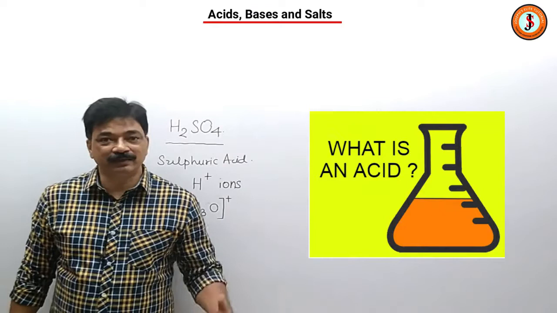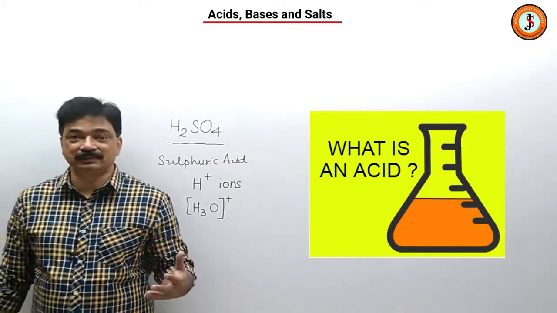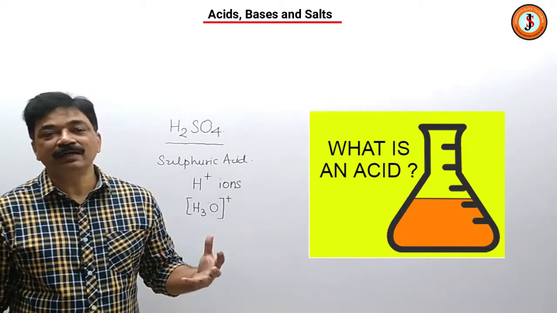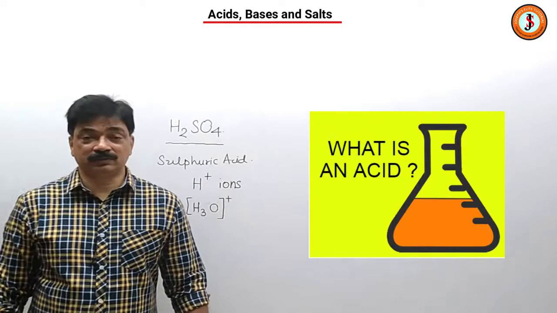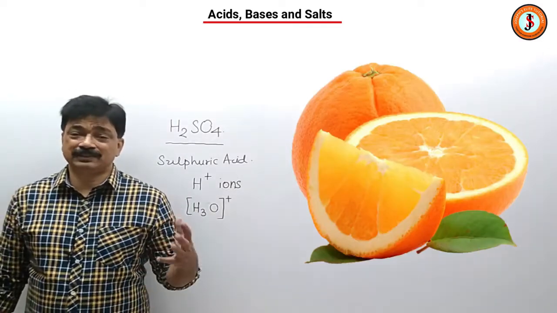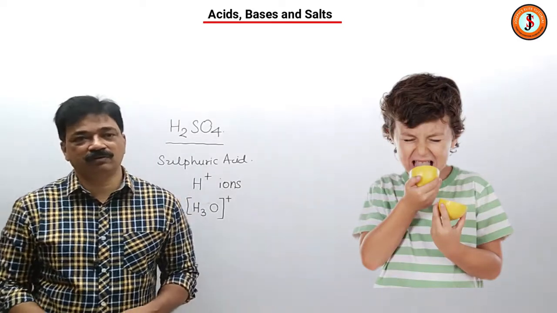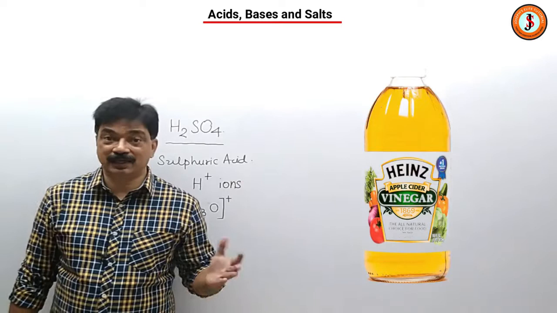They are sour in taste. Actually, the name acid comes from a Latin word acidus, which means sour. Acids are found in citrus fruits like oranges. You must have had vinegar. Vinegar contains acetic acid.